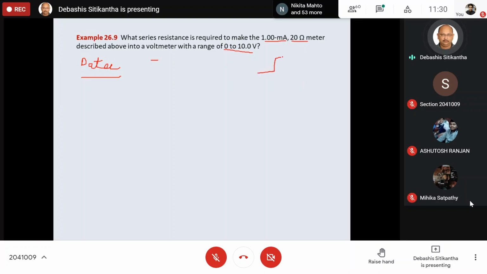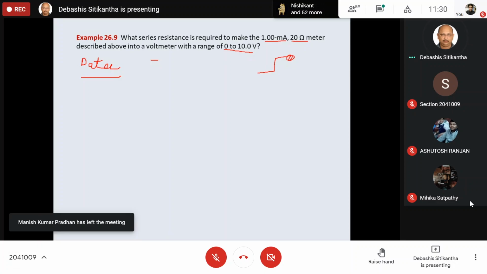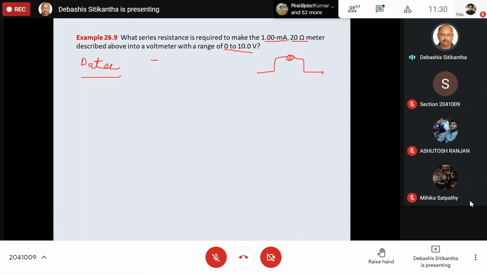So basically, we are having a voltmeter like this. This is your voltmeter coil, the original voltmeter, with resistance RC, and it was capable of measuring a voltage, let us say V. Now how much is V? V is equal to I into the resistance of the voltmeter RC.